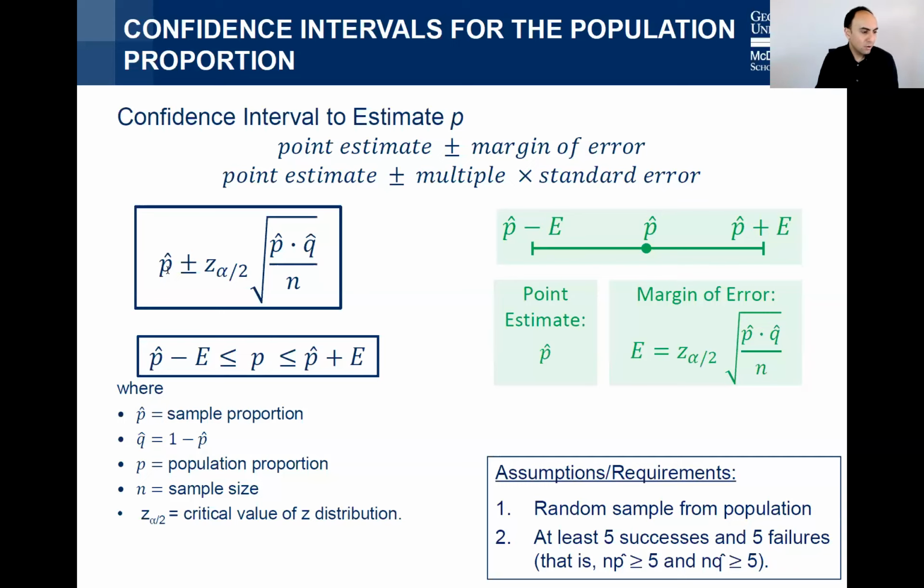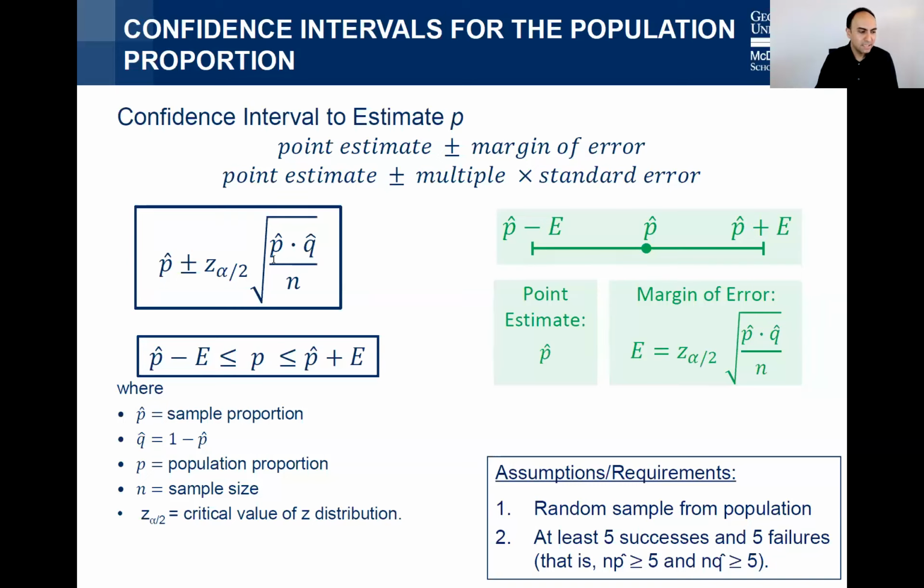So what we have here is the point estimate, in this case the sample proportion, plus and minus, rather than a critical value in terms of the t-distribution, a critical value in terms of a normal distribution. Normal distribution is usually denoted by z, times the square root of p hat times q hat divided by n.